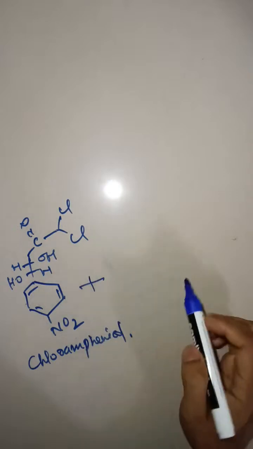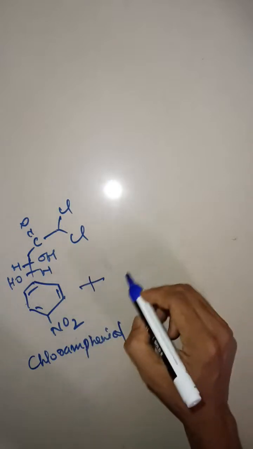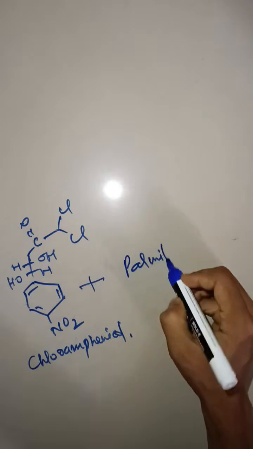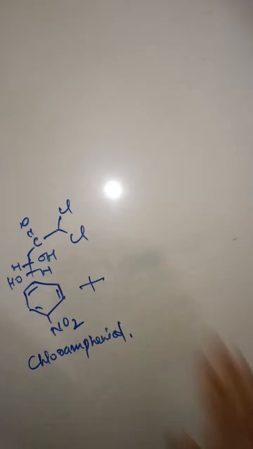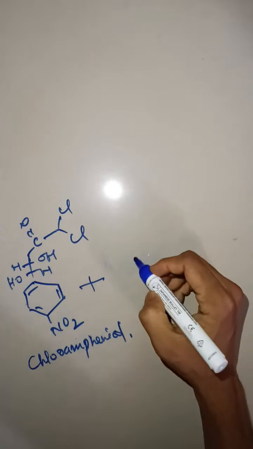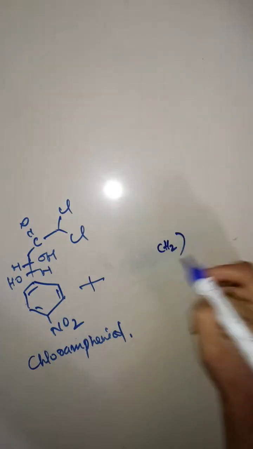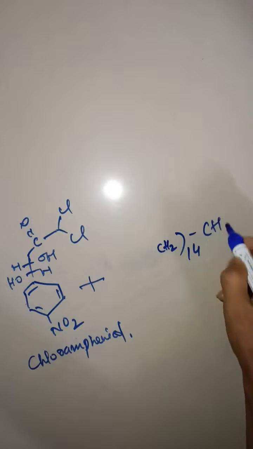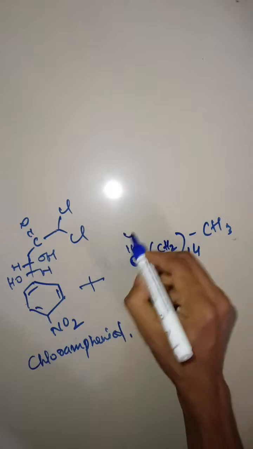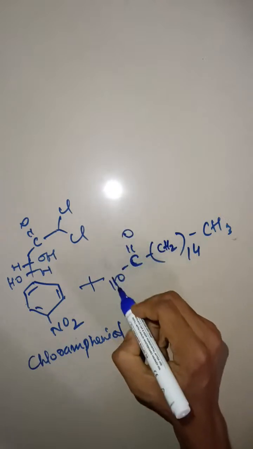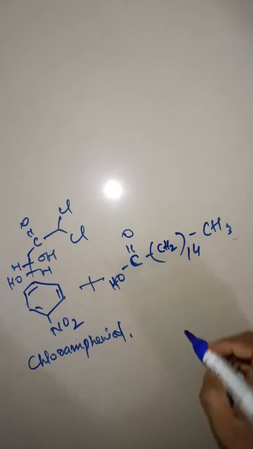When it is added with palmitic acid, what is the structure of palmitic acid? Palmitic acid is a type of carboxylic acid, and it has 16 carbons: CH3, 14 CH2, then C double bond O single bond OH. So that is palmitic acid.